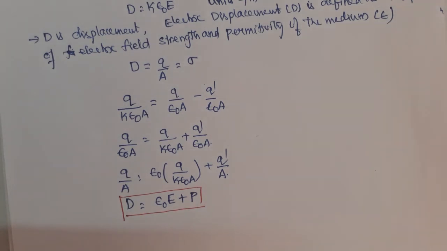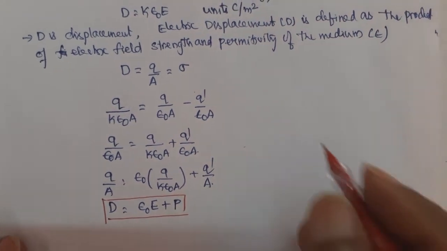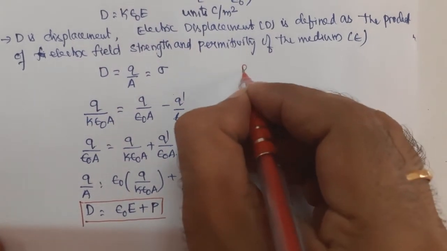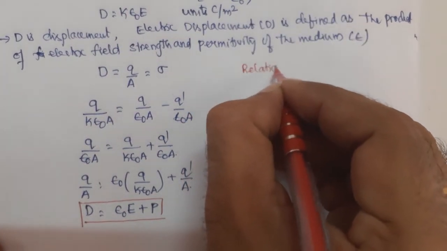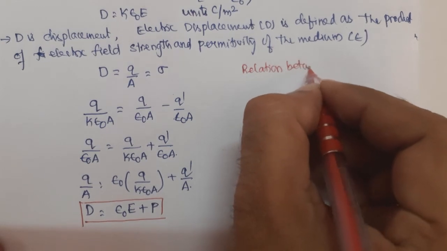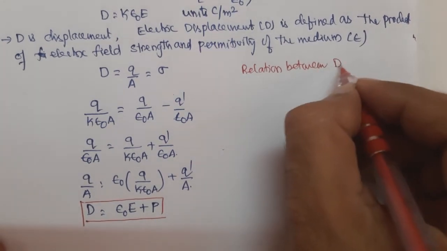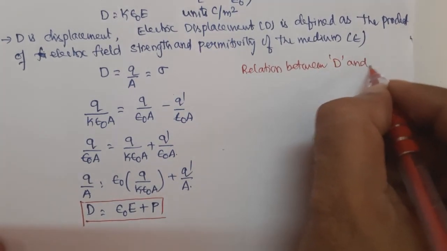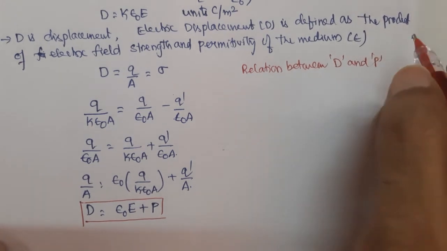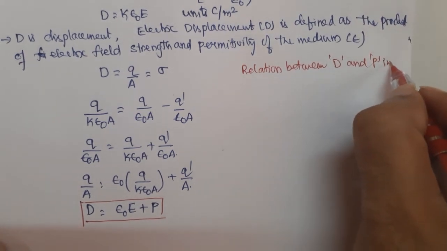And moreover, at this stage you can obtain a relation between D and P in terms of E.